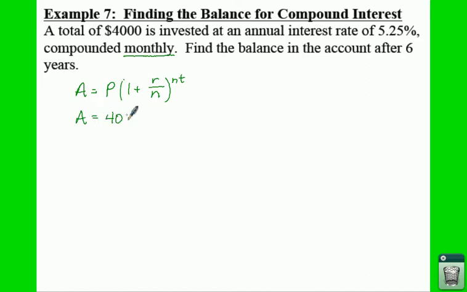P is how much we start with, so you get 4,000. Then you have a 1 plus, now since it's compounded monthly, that means that N is equal to 12. There's 12 months.